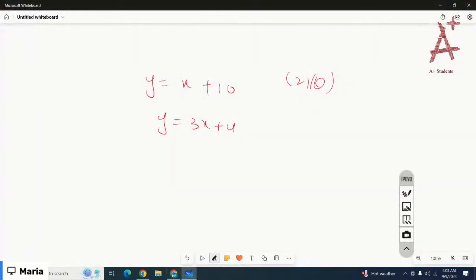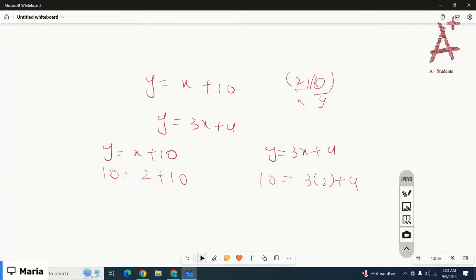So we have to see if the point (2, 10) is the solution of the equations. How do we see? Just put the point in both the equations. This one is x and this one is y. Replace the variables with the values. That would be 10 and 2 plus 10, and 10 and 3 times 2 plus 4.